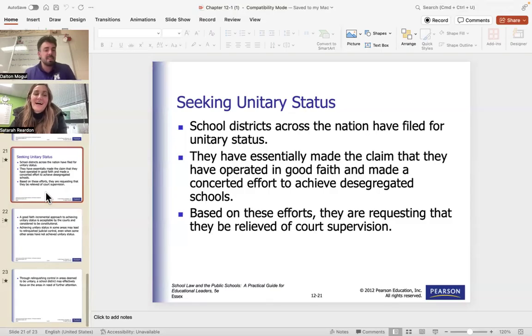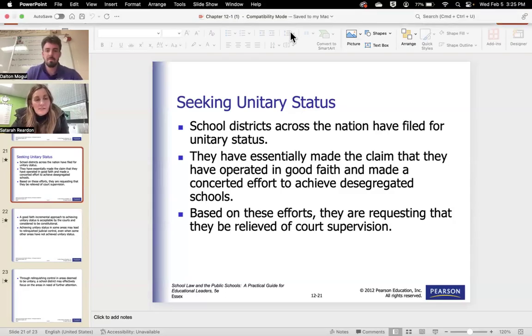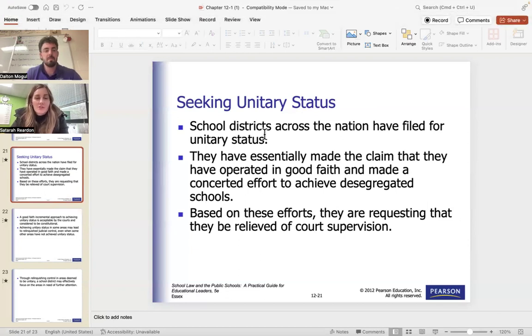I haven't. Okay, seeking unitary status. School districts across the nation have filed for unitary status. When school districts file for unitary status, they're asking the court to say they successfully integrated their schools and no longer need special rules to prevent segregation.